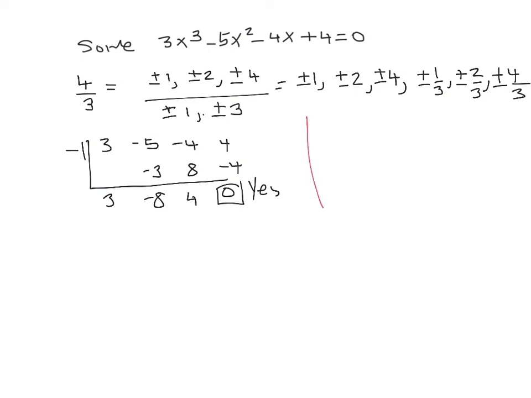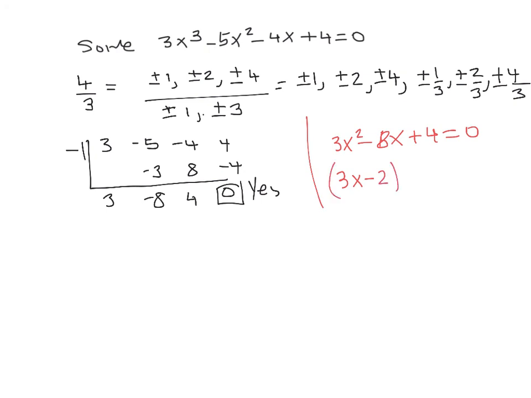So this one is going to be 3x squared minus 8x plus 4 equals 0. Then when I factor this out, I'm going to get 3x. You can factor using the box method or by splitting the middle term.